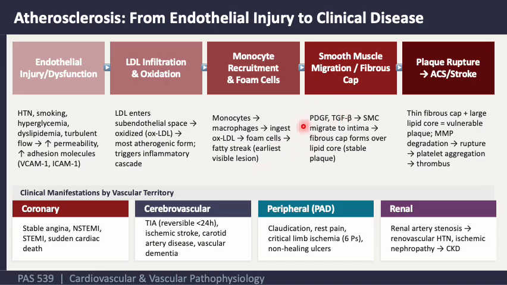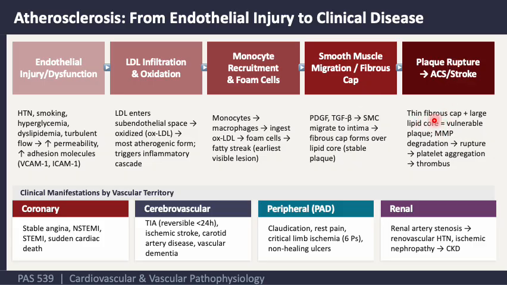These foam cells will migrate to the smooth muscle and attach to it, and this forms the fibrous cap. What causes the atherosclerosis to progress to a stroke or acute coronary syndrome is a rupture in that plaque.